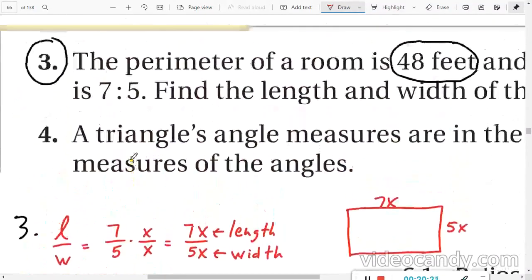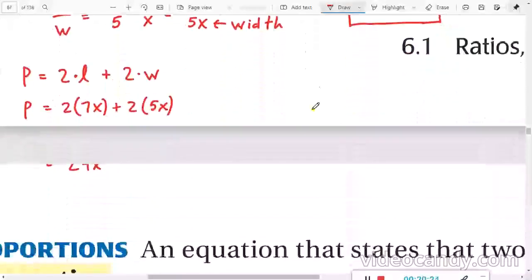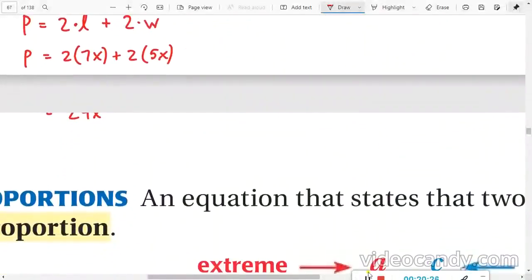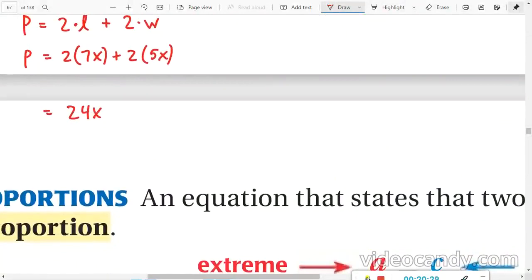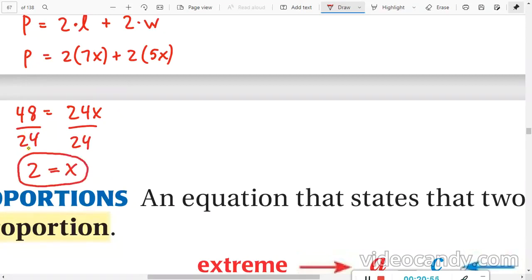But it was given in the problem, the perimeter is 48 feet. So in place of P, I'm going to plug in 48. Solving for x, I'm dividing both sides by 24. 48 divided by 24 is 2. Now we're in business. X equals 2.